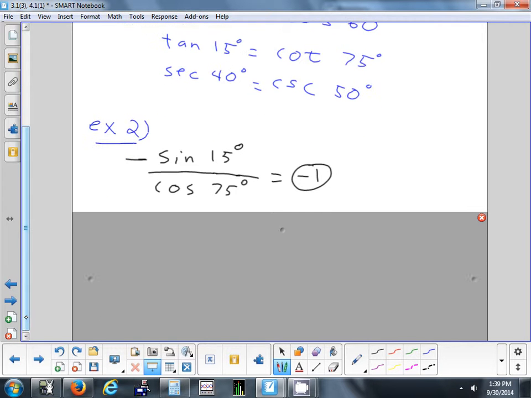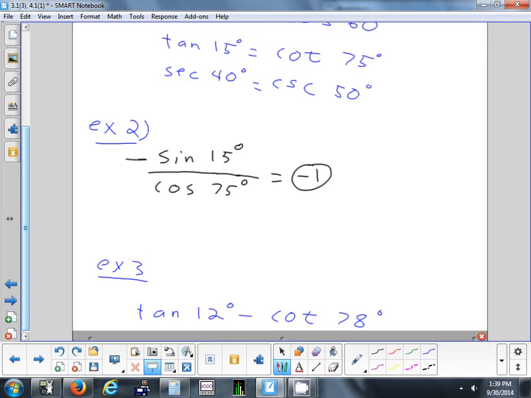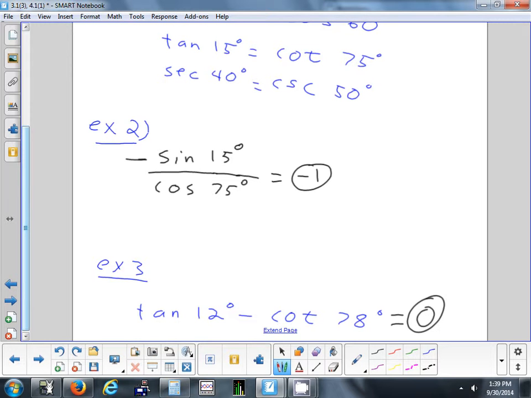Okay, let's try another one. The tangent of 12 minus the cotangent of 78. Any thought what that one's going to come out to? 0. Yeah, 0. Can you explain why? Because they're equal.